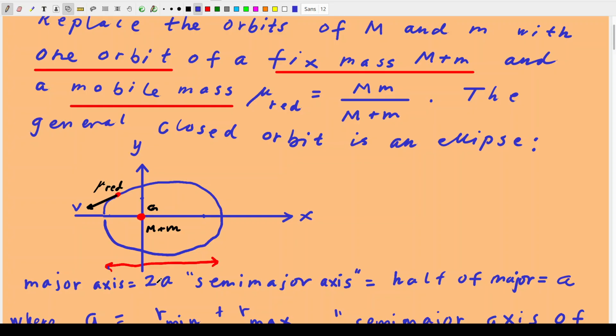That's the major axis. And a is what people usually talk about, and that's called the semi-major axis. It's just half of the major axis. So this is a characteristic for an elliptic orbit. So you have this distance 2a, and you also have a distance here 2b, which we're not going to talk about here.